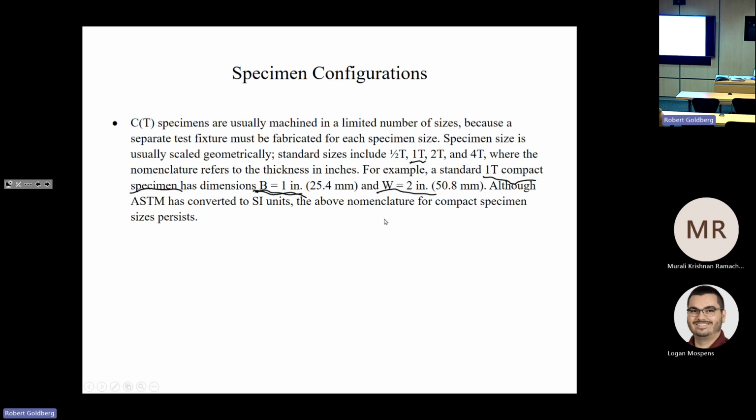And obviously you can do it in metric also, and ASTM has converted to metric units, but the nomenclature has stuck. Generally the standards have thicknesses of 1/2 inch, 1 inch, 2 inches, or 4 inches.